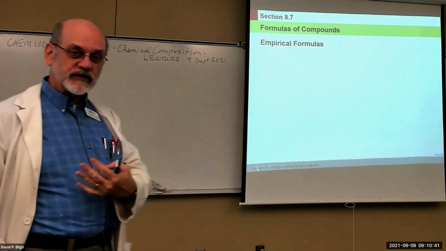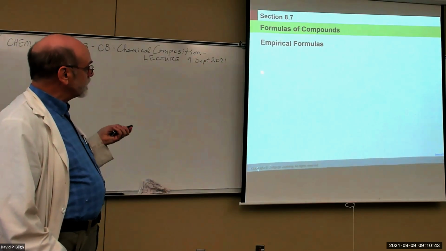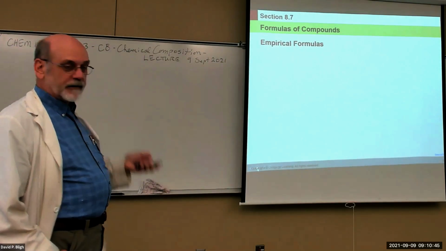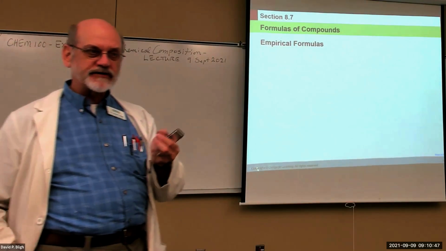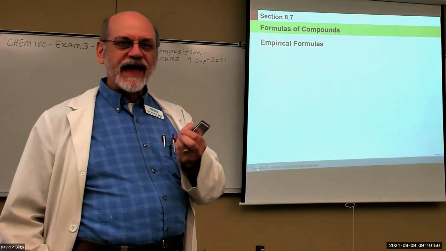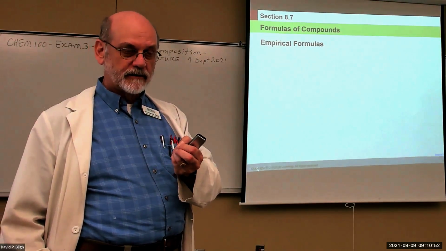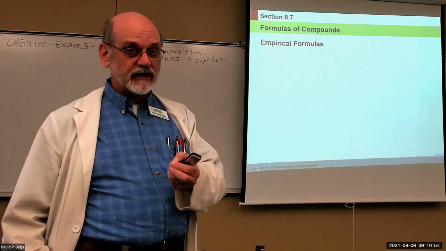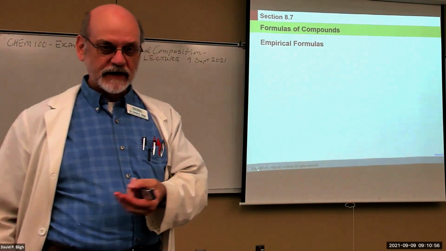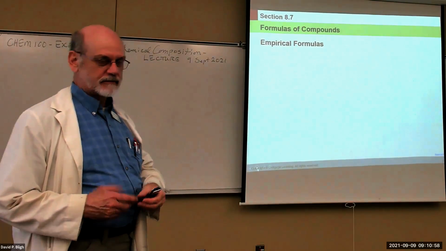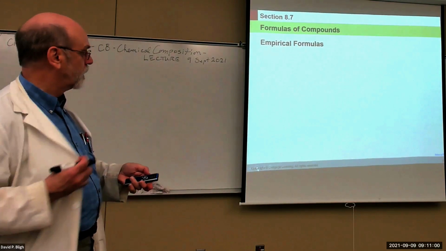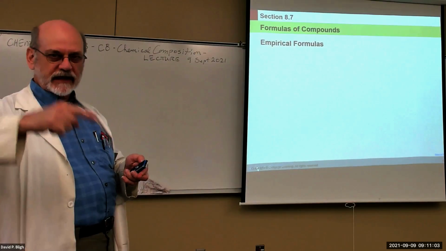We go through 2 stages. First, we determine the empirical formula. The empirical formula is the simplest whole number ratio of atoms in that compound. That's not the molecular formula necessarily. It's just the simplest ratio of numbers of atoms in the compound.